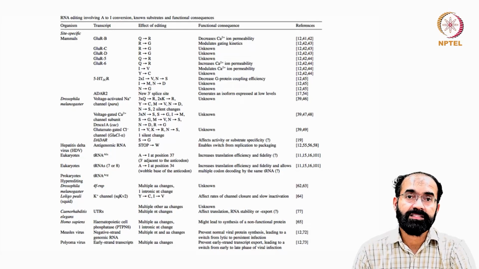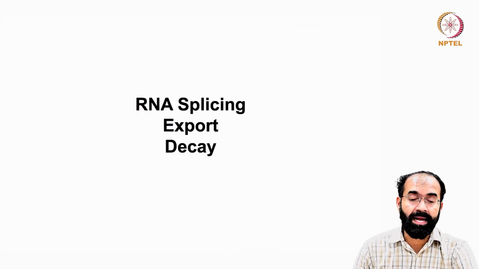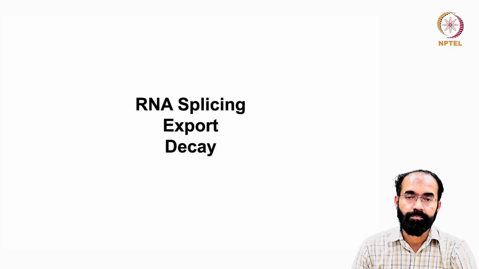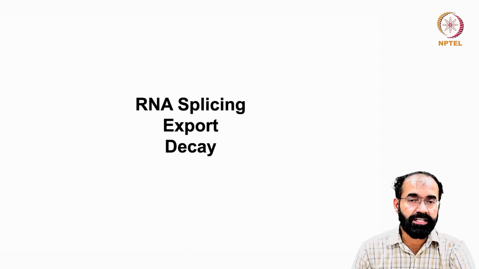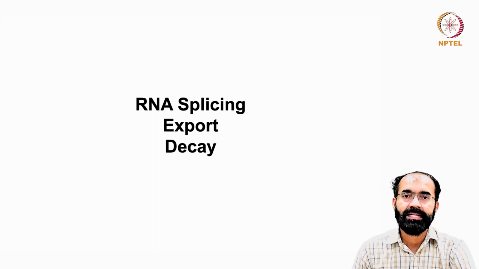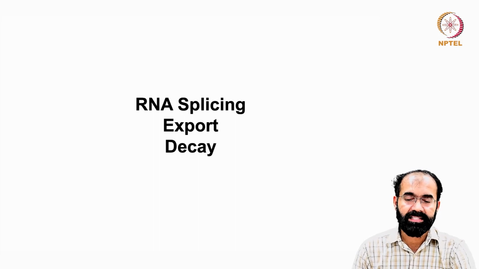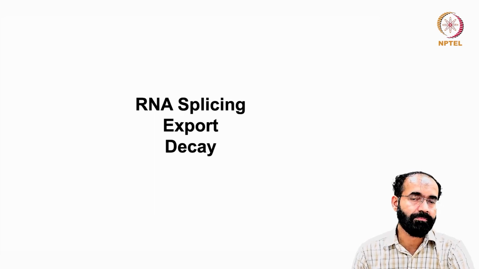Now we can understand in more detail about RNA splicing, RNA export and RNA decay, because this is also part of this section. In this section we may get into some topics which we may have already covered a little bit, but touching upon them is necessary so that you can recap, and so that it brings in the context and the importance of the topic being introduced.